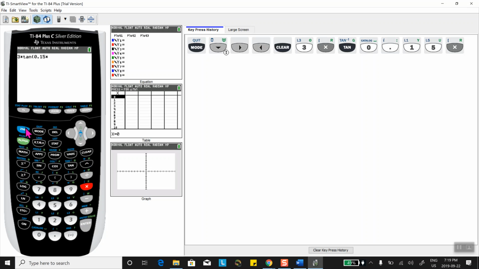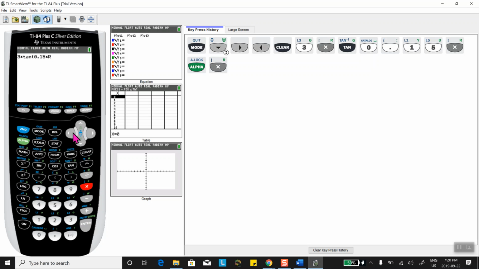Now let's try second. That looks like the green number. Alpha, where's the pi? No, that's not right. That was an r, I didn't see it.